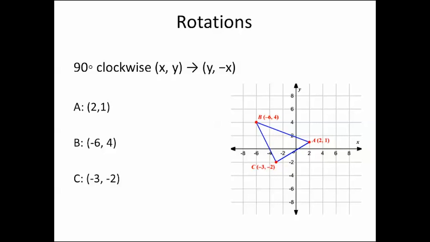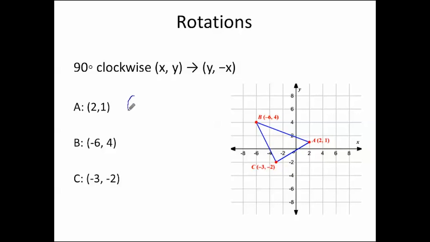Just like our reflections, there are specific rules for each precise type of rotation. So if we have a 90-degree clockwise rotation, we're going to be going 90 degrees clockwise from our pre-image, and it should result somewhere in that direction. So we're going to follow our rule. If you notice here, we are not only switching where the coordinates are, but one of them is becoming negative, and we're changing the sign.